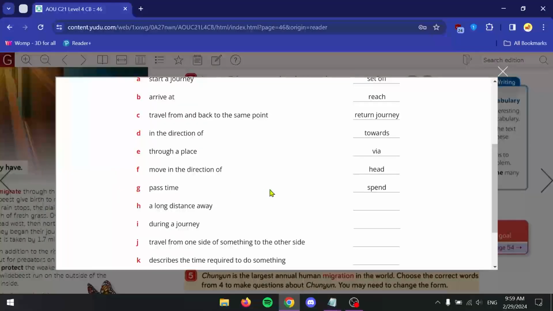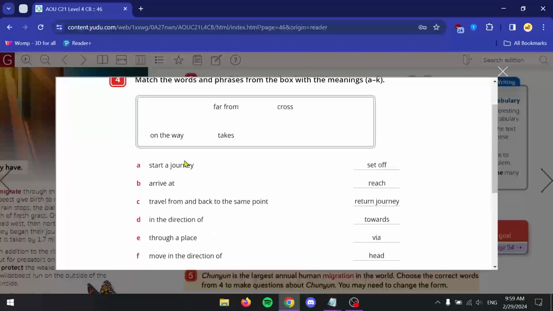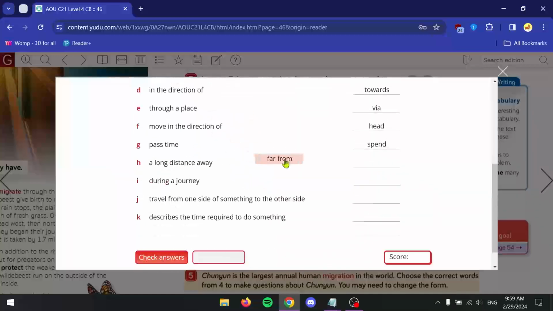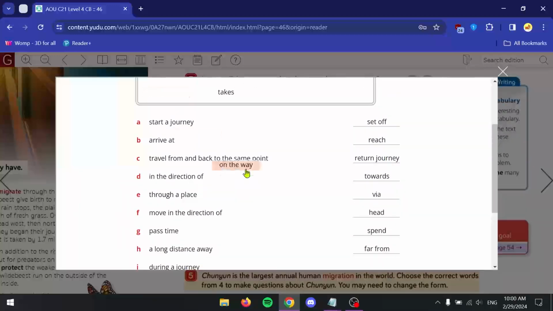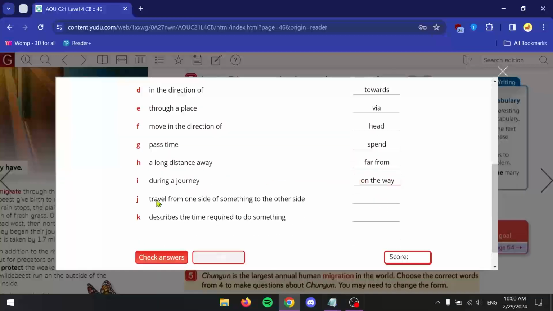So that's what that means. A long distance away, far from. A long distance is something that is far away, far from. During a journey will be on the way. So during the journey, I drank a bottle of Coke. On the way, I drank a bottle of Coke. Same thing.